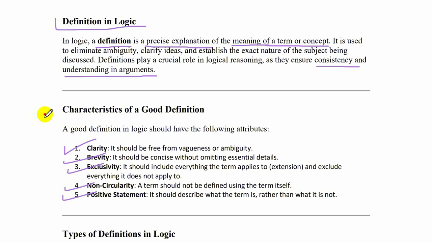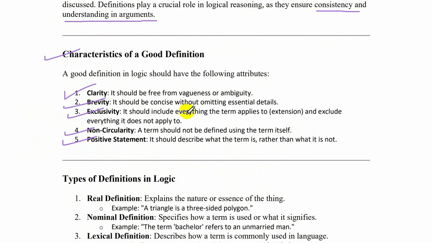Let's look at the characteristics of a good definition. A good definition should have the following attributes. It should be free from vagueness or ambiguity. It should be concise without omitting essential details. It should include everything the term applies to, extension, and exclude everything it does not apply to. A term should not be defined using the term itself.